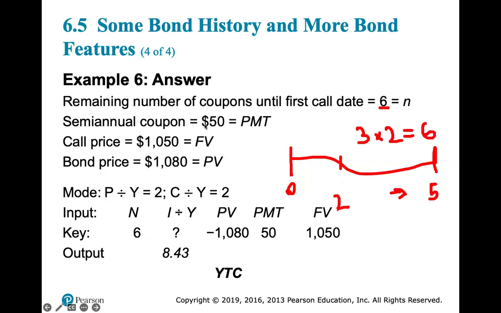And the semi-annual coupon payment, based on the information given, is $50. Okay, and the call price, look, call price is 1,050. Why? Because the face value or the par value is 1,000 plus the coupon payment as a penalty, which is 1,050.